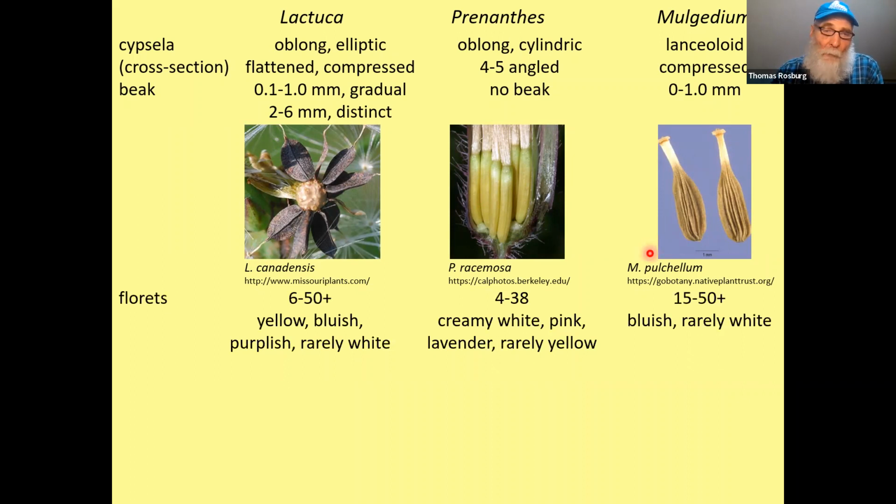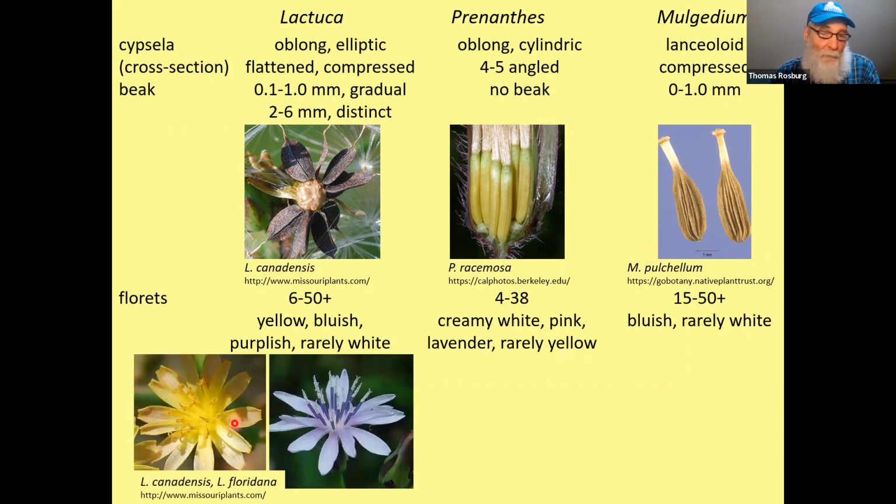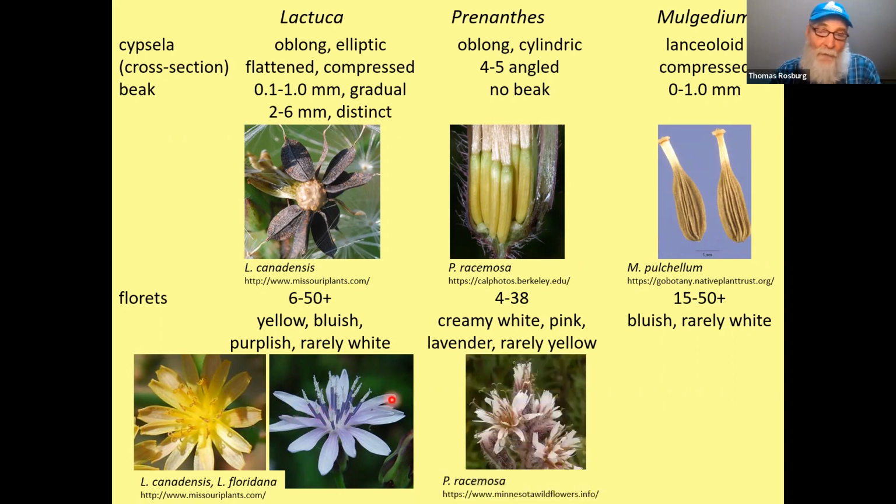Okay, another thing that's going to be important are the florets themselves, what the color is. And in Lactuca, there's 2 colors, basically. We've got 5 species that are yellow, and we've got 2 species that are bluish. In Prenanthes, the florets, and this is just the number of them here, there's quite a bit of range there, of course. All of these overlap some, so you really can't use number to help you very much.